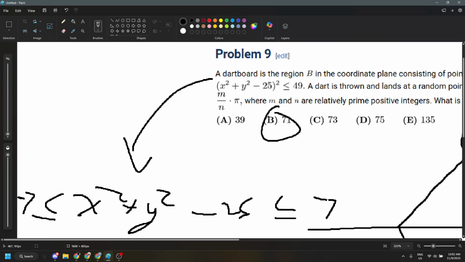This is question 9, problem 9. I don't call it problem or question. Yeah, I was right, it did look like a donut. And it did give you 71. Wow. Solution 1 used polar coordinates, which is like why do you use polar form.